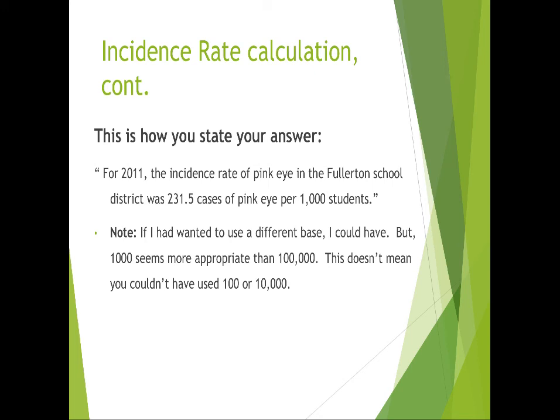In this particular case, we were calculating incidence rates, and the full answer would be: for 2011, the incidence rate of pink eye in Fullerton School District was 231.5 cases of pink eye per 1,000 students. So 1,000 students here would be your base. Again, this would be the result of solving your incidence rate.